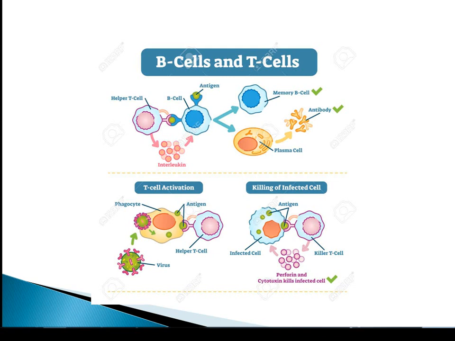These cells manufacture immunoglobulin M and immunoglobulin D antibodies that insert the Fc fragment onto the surface.